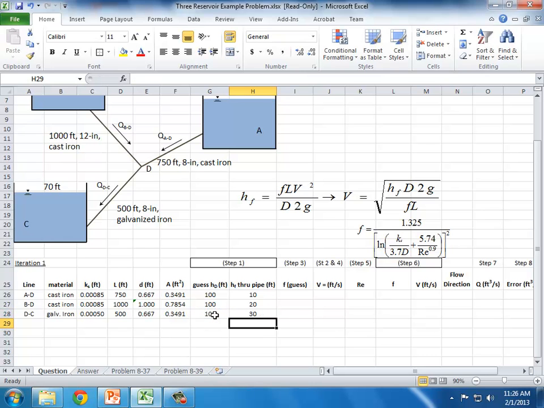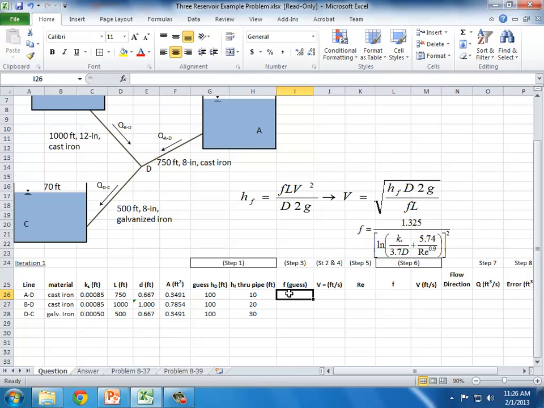So all of the head loss values themselves are positive, but you'll notice that I switched the direction of what was subtracted first. When the flow was going towards junction D, I had the head at D minus the initial value, and the other way around for DC, because in DC I assume that flow is going from D towards C.